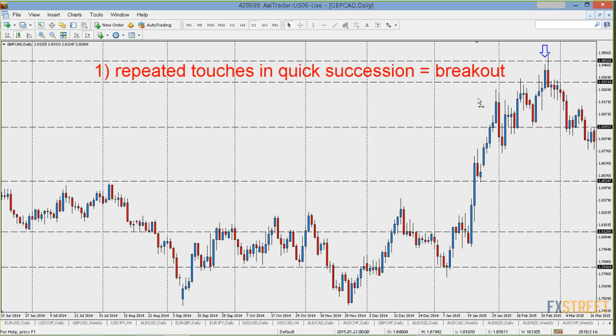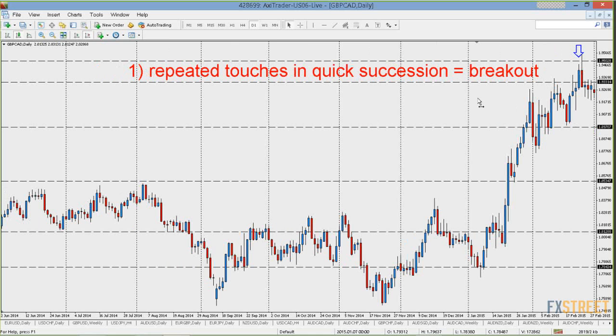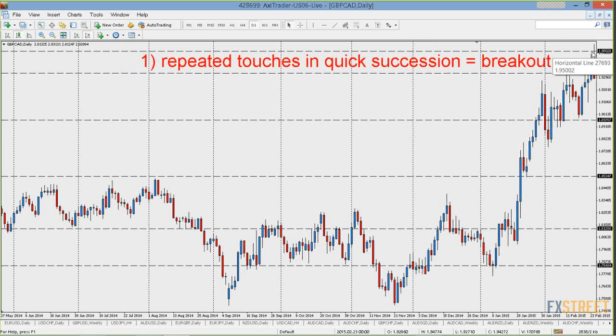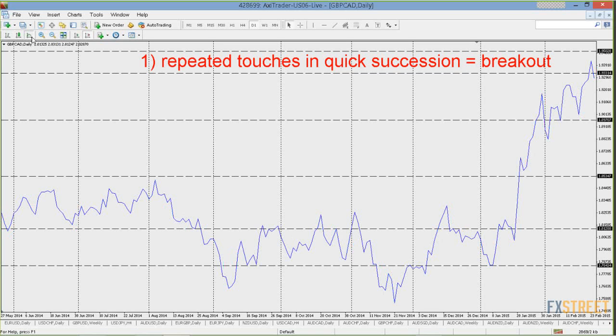You got two candles that came up and kissed the zone at 1.95, and they quickly fell away. And you're going to see this on the line chart. Watch how strong the downward angle is going to be on this line chart. That's a pretty good sign that you may be witnessing a reversal, right? That's very different to what we saw over here, remember?